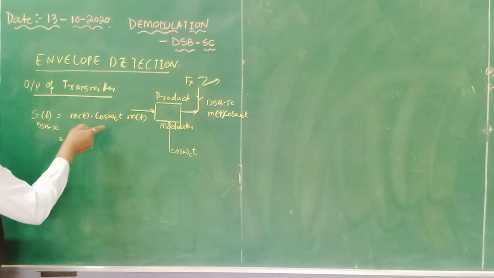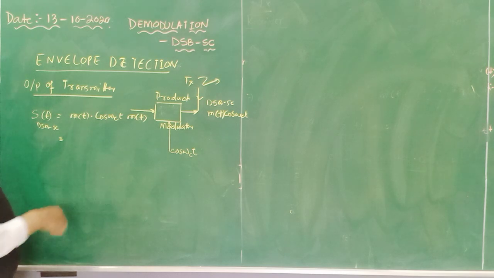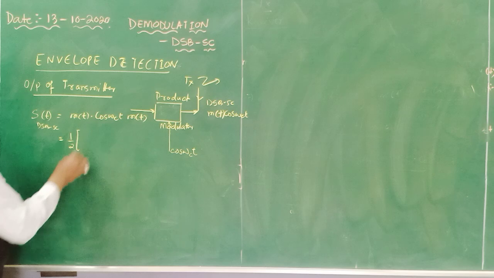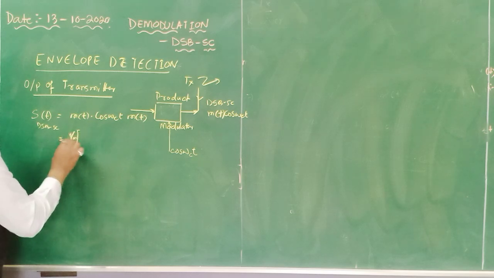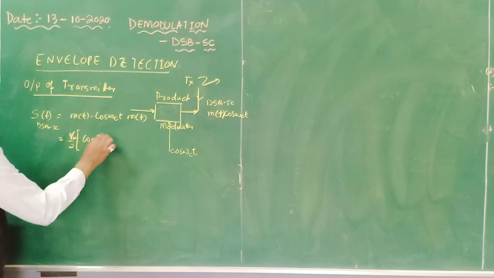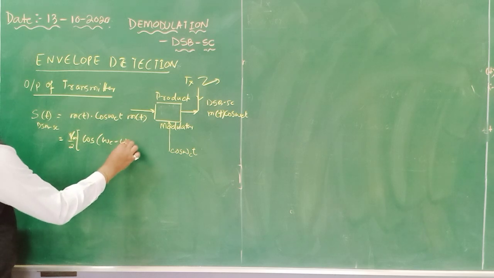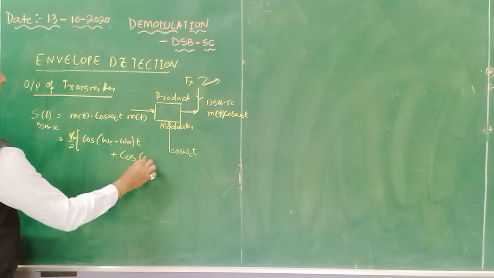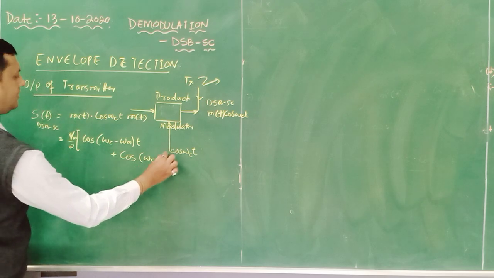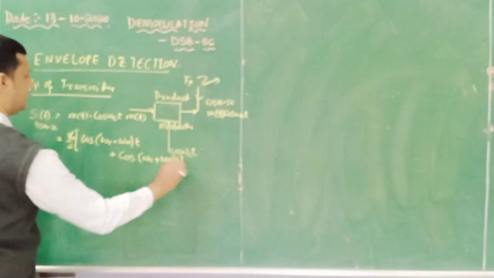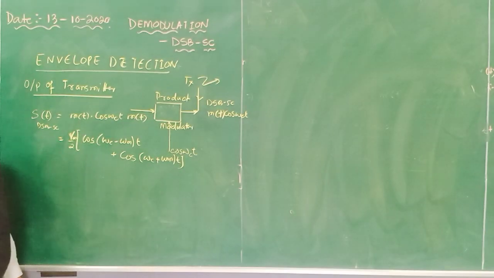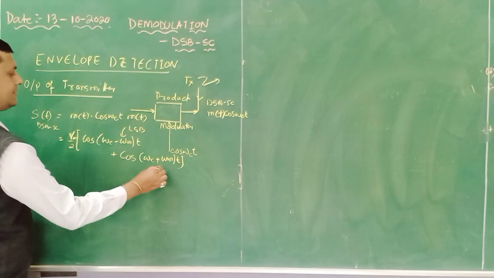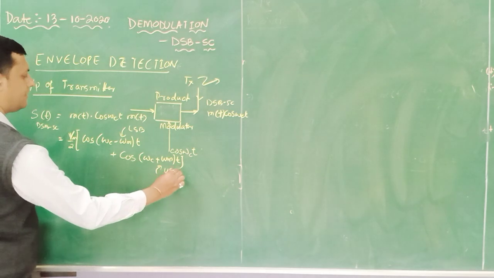If you expand this, we get half of Vm by 2 times cos of omega c minus omega m of t, and cos of omega c plus omega m of t. So only the sidebands are available. This is the lower sideband and this is the upper sideband.